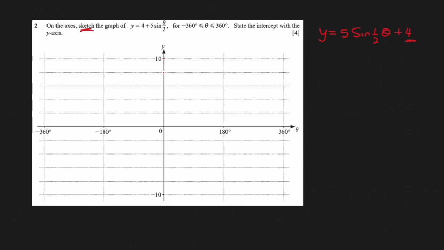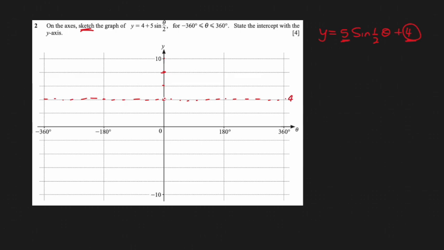This is 10. That means this is 8, 6, 4. This becomes our axis. Our graph will be around, above and below this line. This is the middle line, always, the constant part of the function. Now, this is the amplitude. 5 is the amplitude.